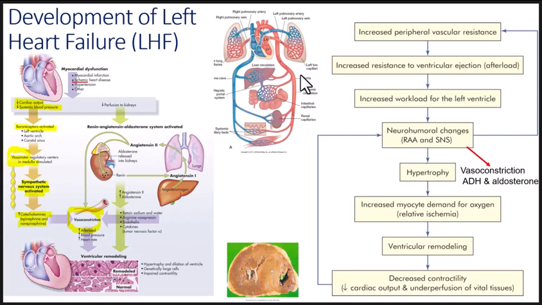This vasoconstriction means that the heart has to work harder to pump blood out of the heart. Think about a river that all of a sudden narrows. It's going to cause the water in the wider part of the river to back up, because it can't all get through that narrowed area.